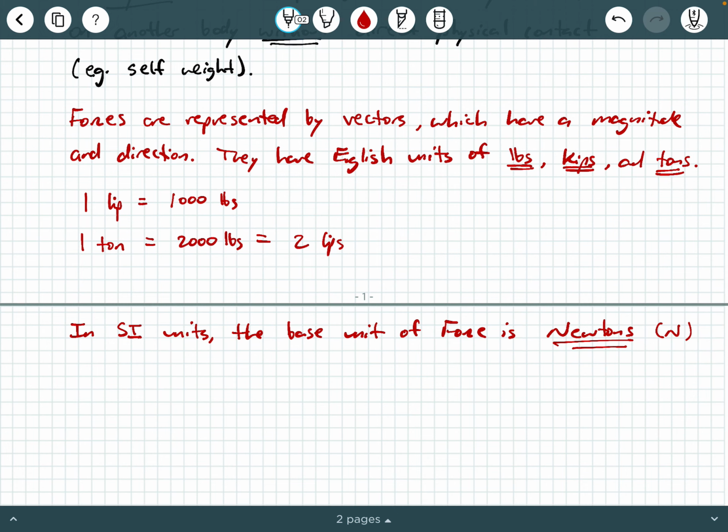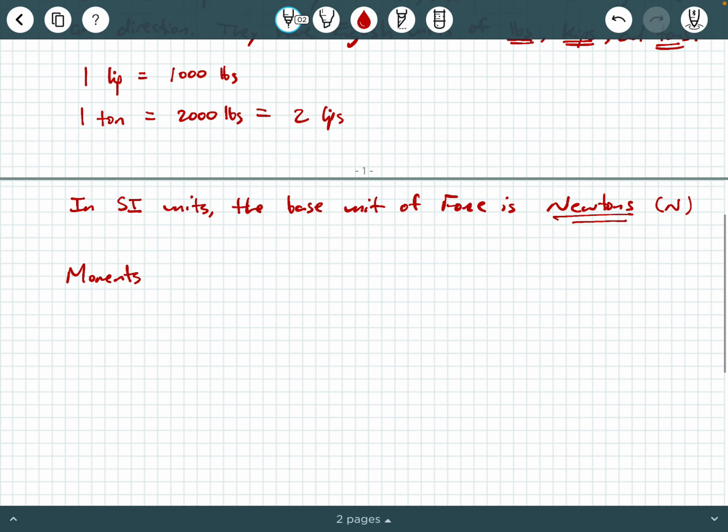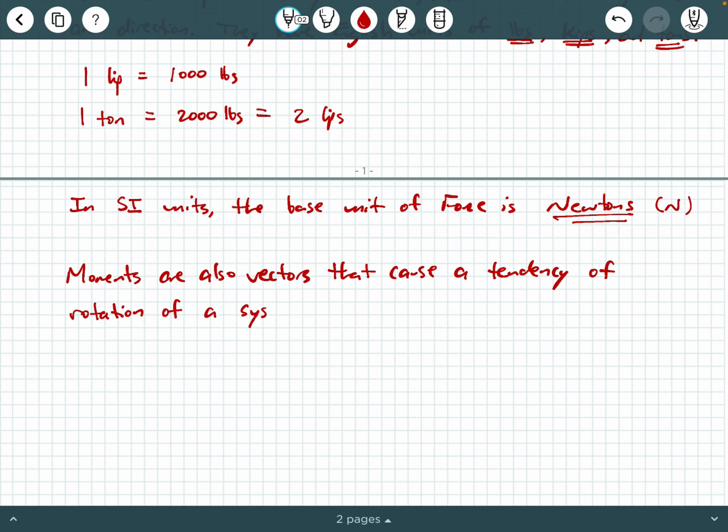Now, what about moments? Moments are also vectors that cause what's called a tendency of rotation of a system or a component of a system.